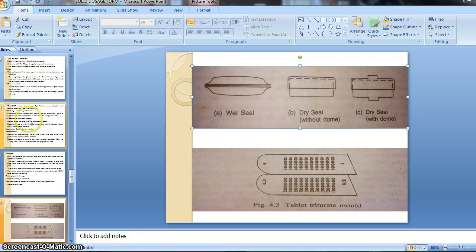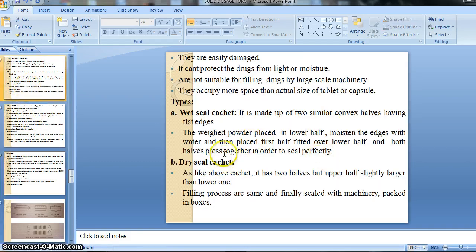So these are the two kinds of sachet. In the dry seal sachet, the sealing process is done by machinery, that's why it's called a dry seal. In the wet seal sachet, the sealing happens with the help of water, that's why it is called a wet seal sachet, right?